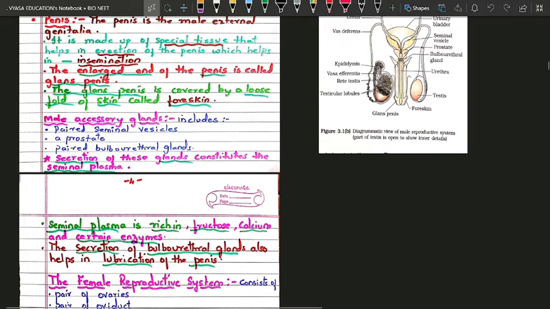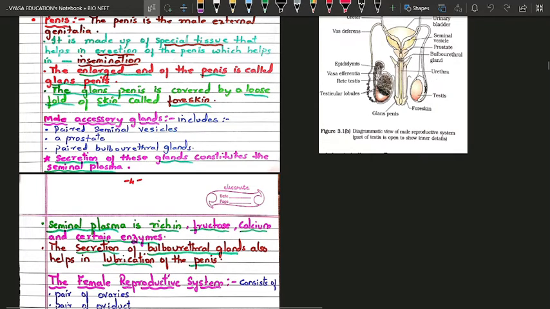Then the paired bulbourethral glands. You can see here, this one and this one. This whole thing is the prostate. You can see a small one, this one and this one. That is the bulbourethral gland.